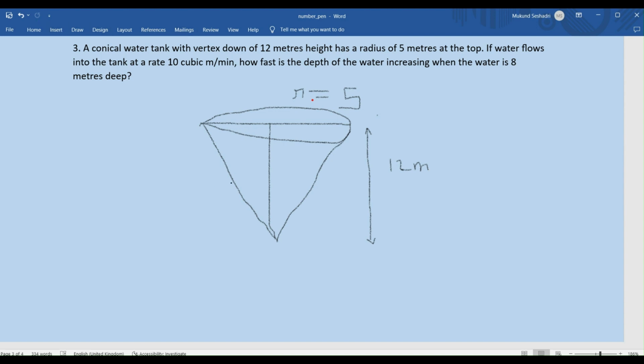And you've got water filling into this tank out here, which is again filling into this conically shaped tank, and the depth of the water is increasing, right, with respect to time.